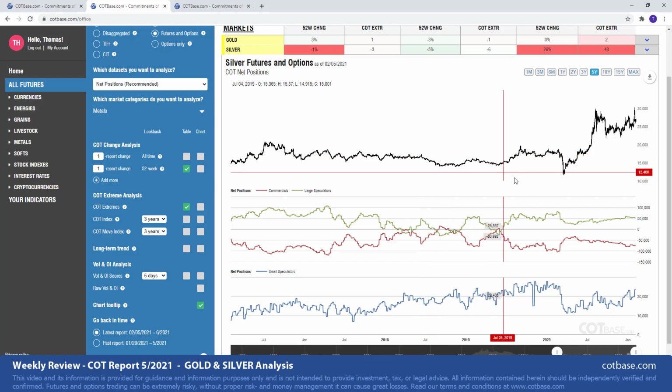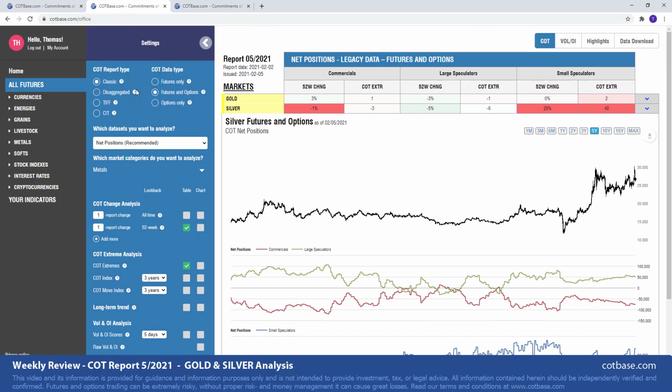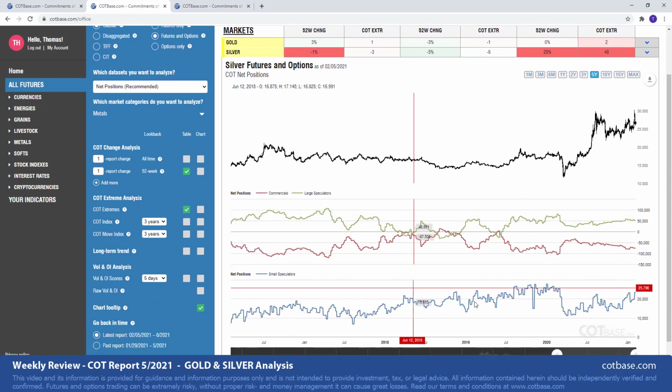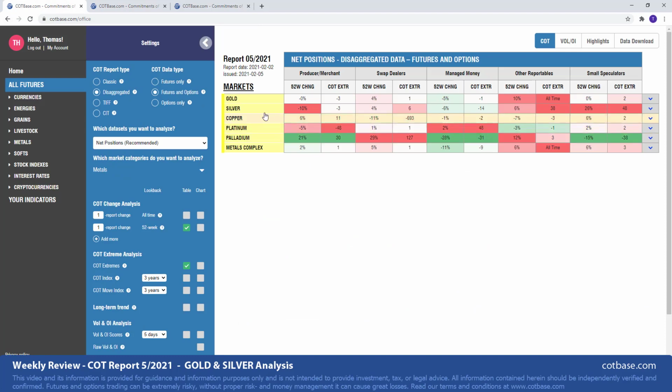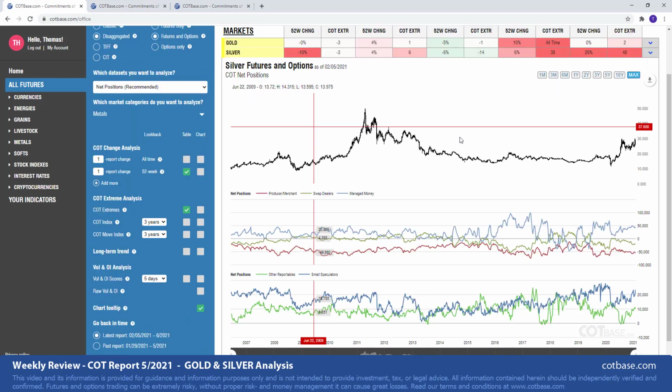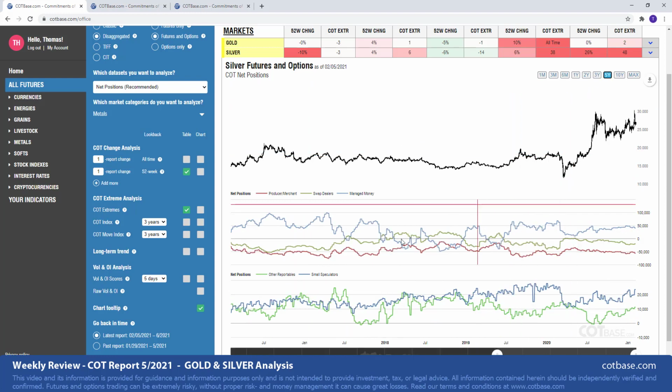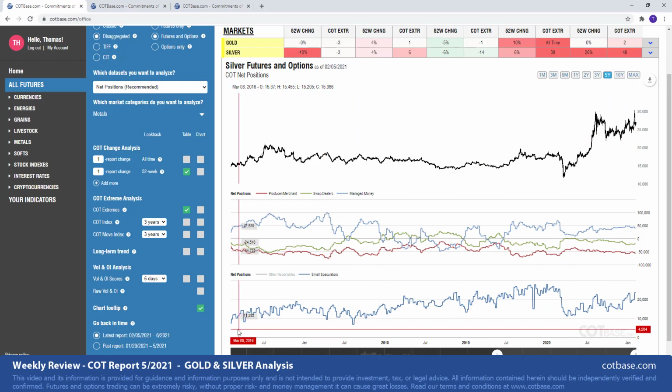We have silver here. This is the classic report on futures and options data. And you can look at how the small speculators positions look. If we go over to silver on the disaggregated report, of course, the 5 years chart, then you can see that basically the two charts are identical.